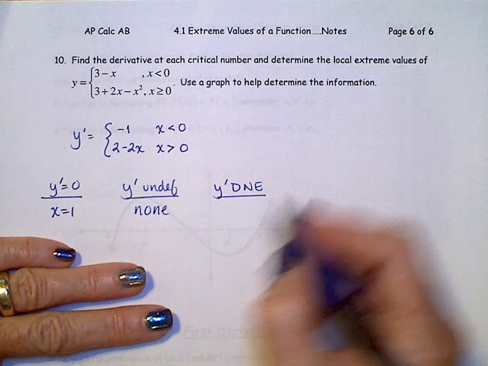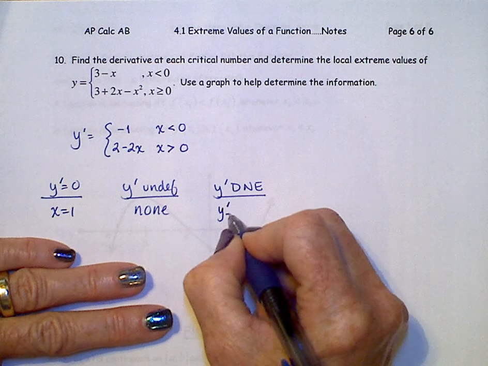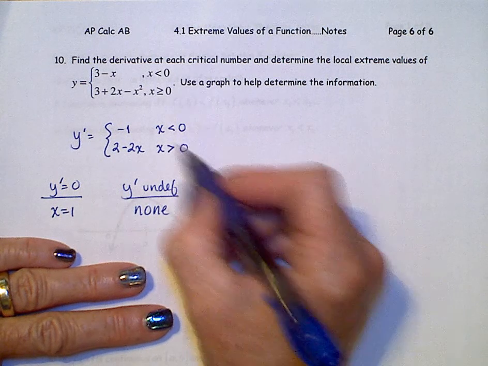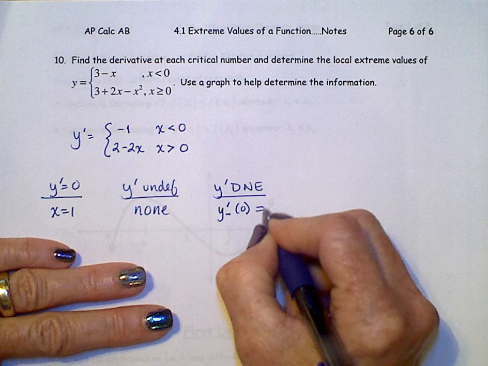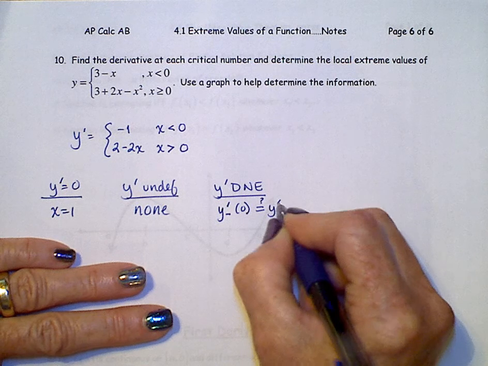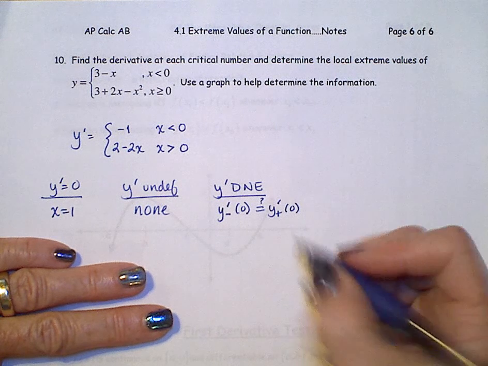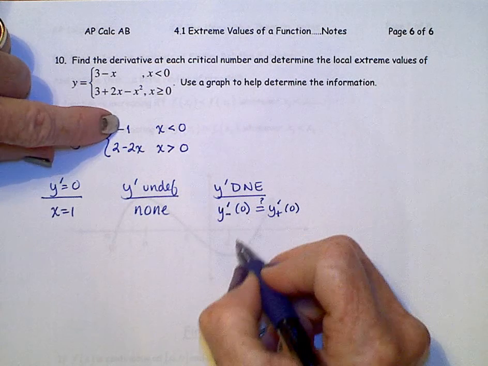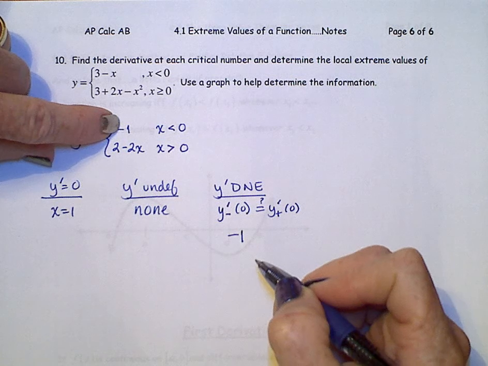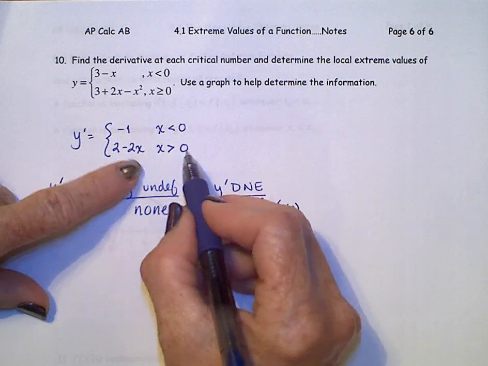That's when we're looking for y prime from the left side of the split. So in this case of 0, does that equal y prime from the right side of 0? Y prime from the left side of 0, that's this piece, that's -1. Y prime from the right side of 0 is this one.